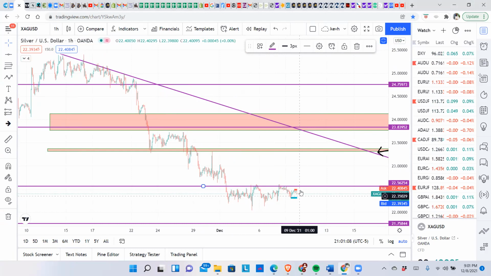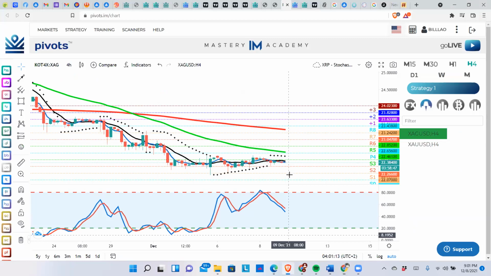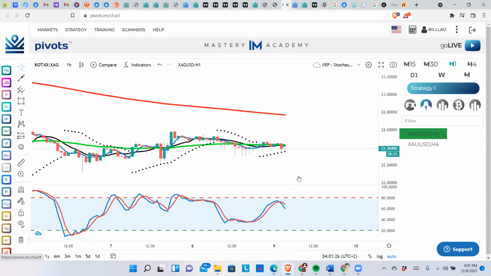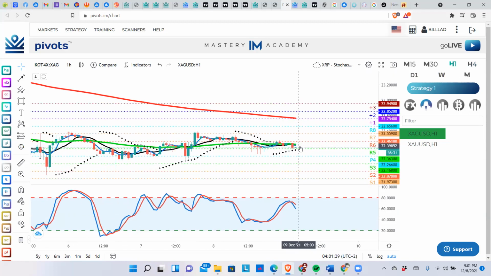So I will not be surprised, right? But I ultimately want to see a buy from this zone, okay? I want to see a buy from that zone. Then probably we'll see a reaction at P4, then the market to keep going. They keep saying 21, so it's 22 here. Okay, on the 1 hour, we are above P4.